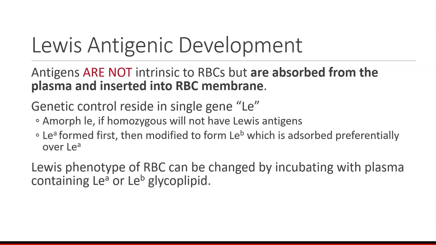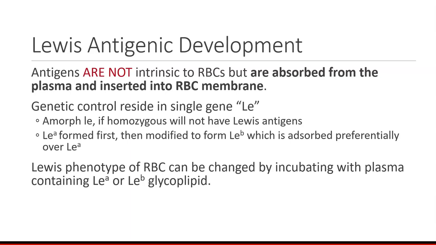Lewis A is formed first, then it's modified to form Lewis B, which is absorbed preferentially over Lewis A. The Lewis phenotype of a red cell can be changed by incubating with plasma containing Lewis A or Lewis B glycolipid. So in transfusion, it matters not.